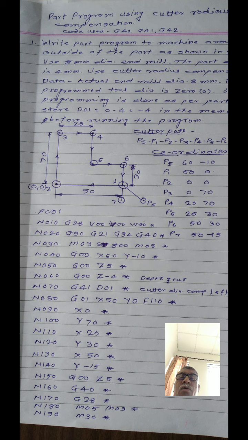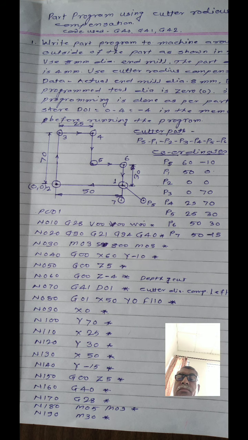While using cutter compensation, first you have to cancel that cutter compensation, that is G40, end of the block. G90 means absolute coordinate measuring system, G21 all the dimensions are in metric system, G94 feed in millimeter per minute, and G40 is cutter compensation cancel.